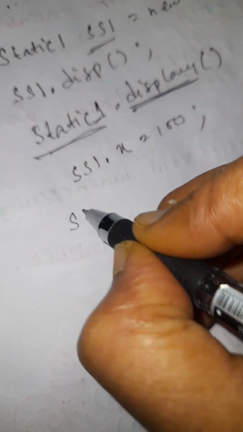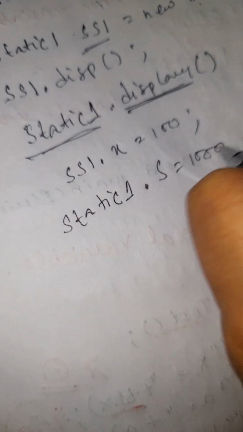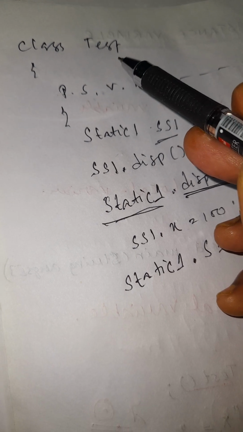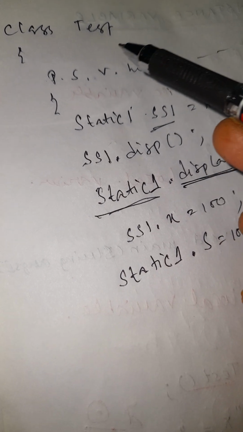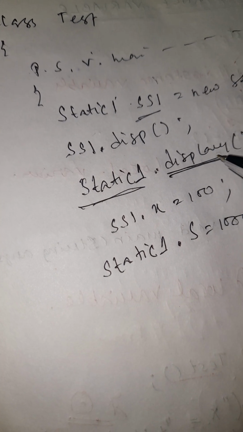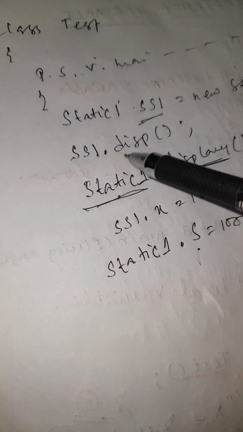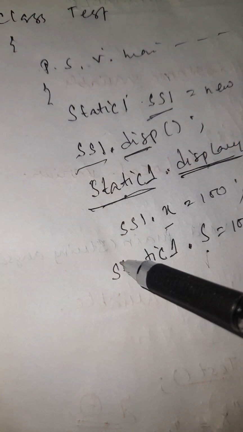With the help of the class name, Static1.s equal to maybe 1000. Clear? So outside the class, if your main function is in another class, you should call your static method or static member with the help of your class name. And if it is a non-static method or non-static member, you should call it with the help of the object.